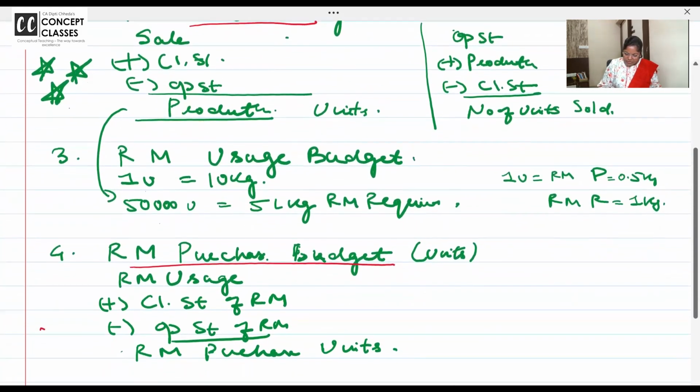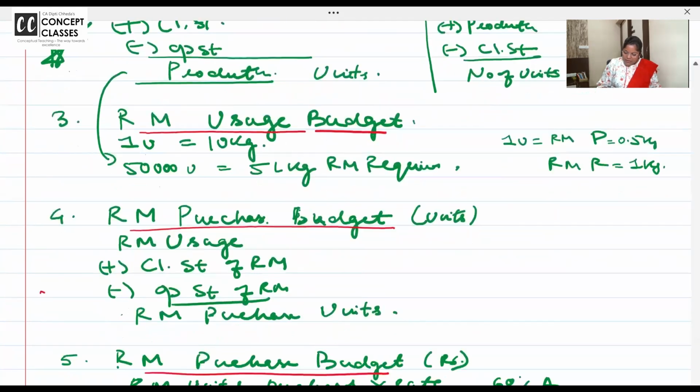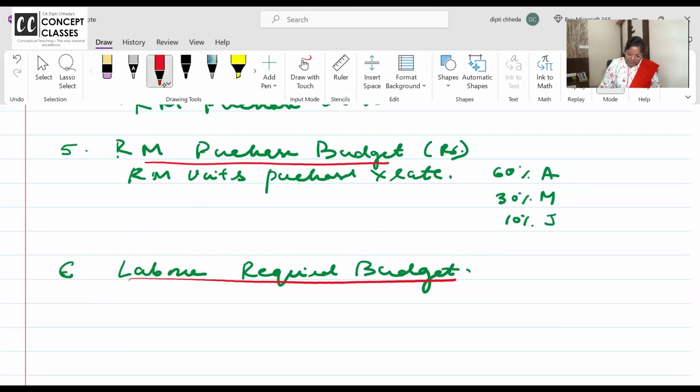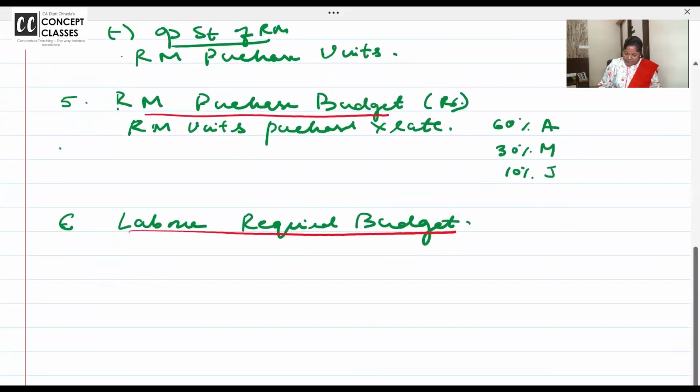Sales budget, production budget. Did you observe one thing? Every budget is dependent on the other. Now how much labor is required?